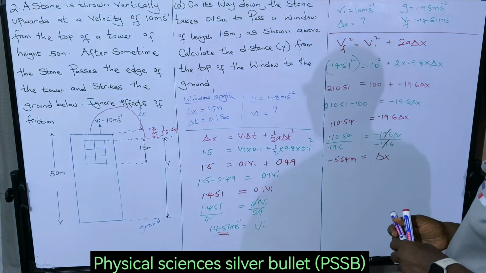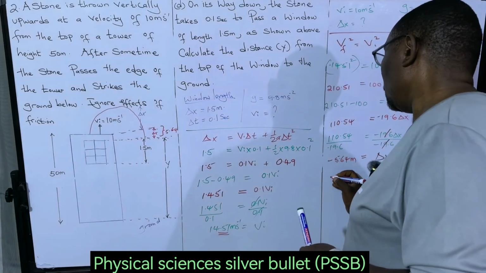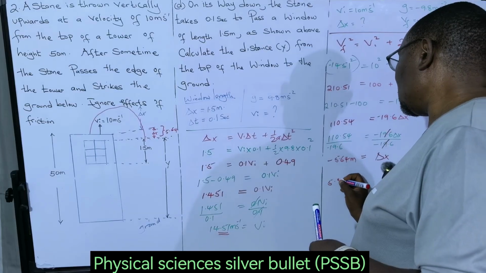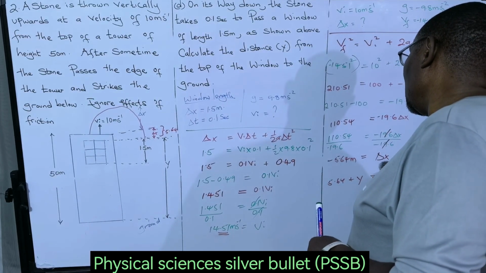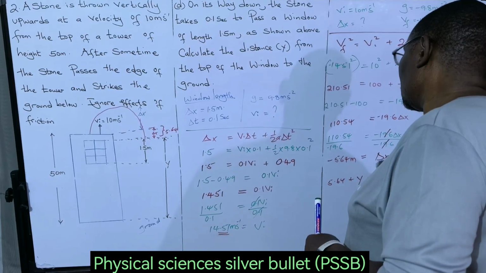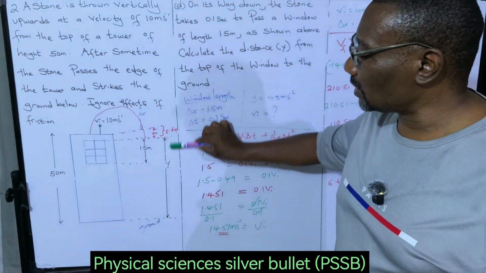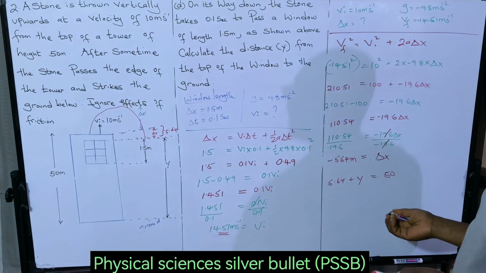So from here, what is our y? You have to know that 5.64 plus y gives us 50. Yeah, that's what we see here. This is 5.64, this is y. When you add them together, you get 50. So from there, we can get y.